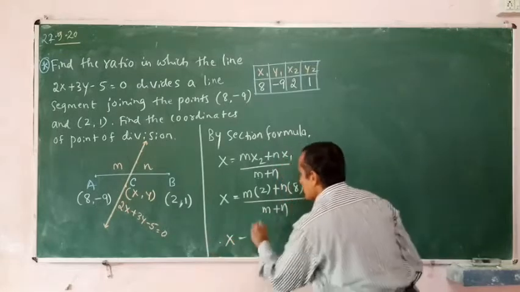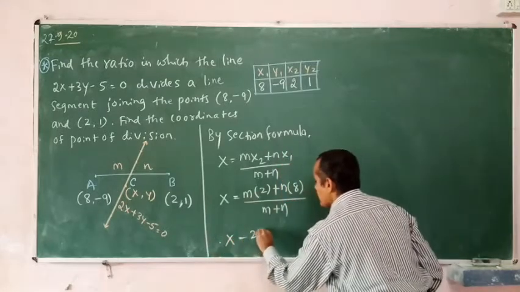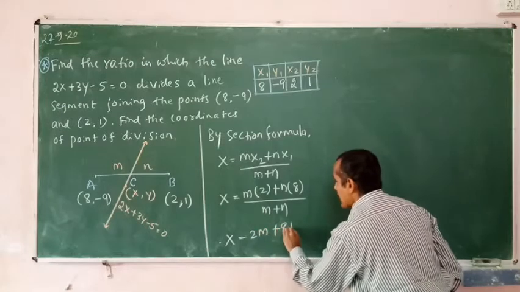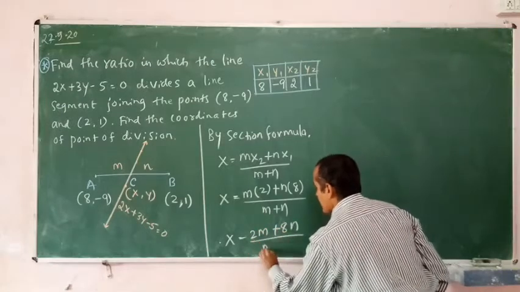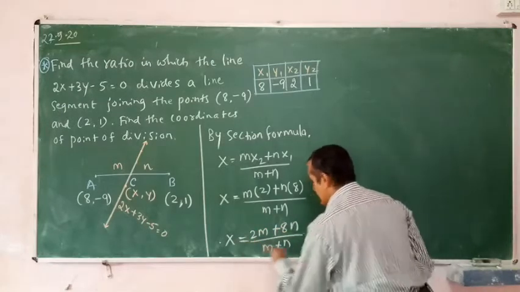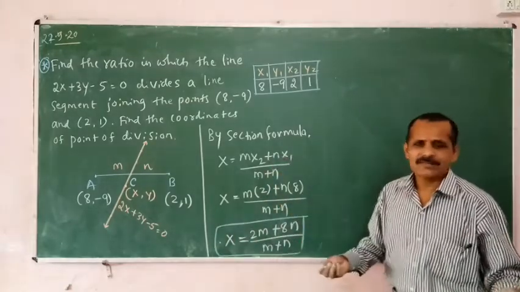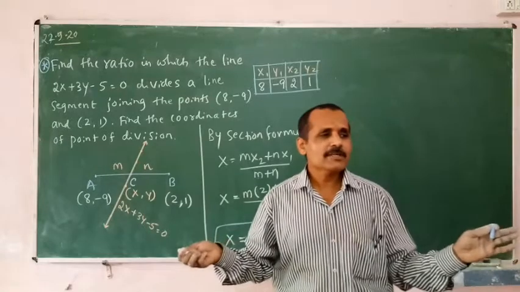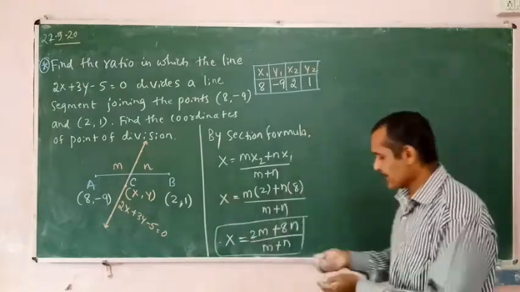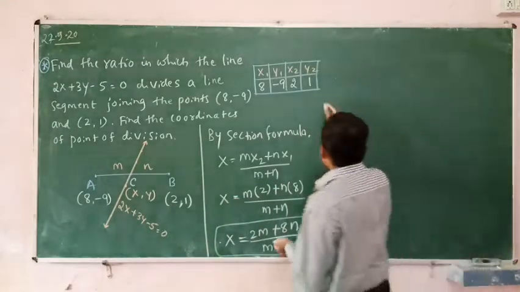Therefore, x is equal to 2m plus 8n divided by m plus n is the value of x. You don't know what the value of x is. I will go for the next.